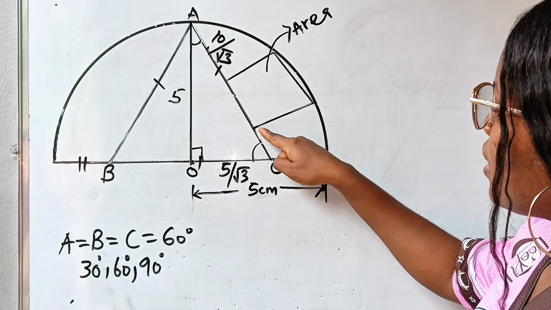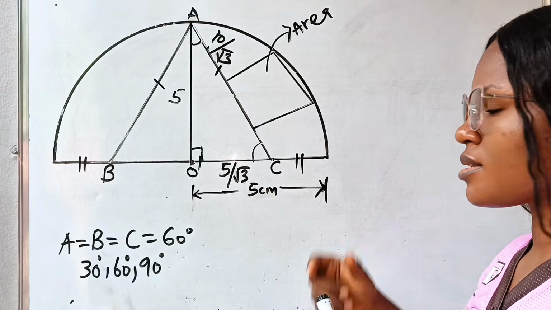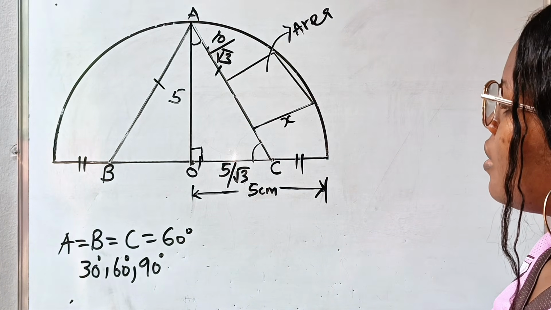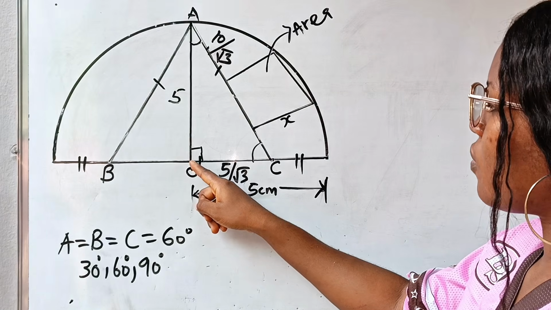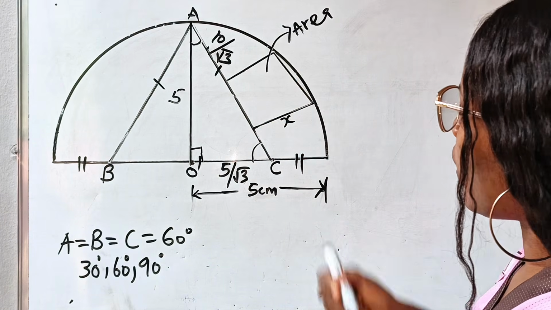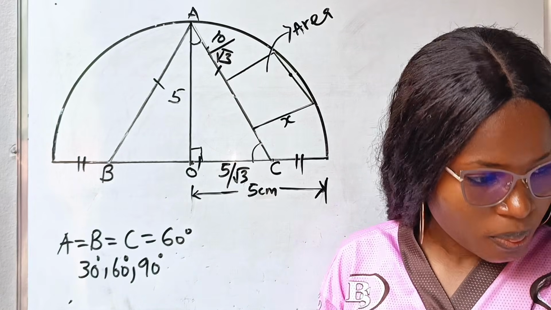So now we have the sides of our right angled triangle. Let's call the length of our square x. If we call it x, now let's join the center of this triangle to the center of this square. Okay, so let's join the two together.